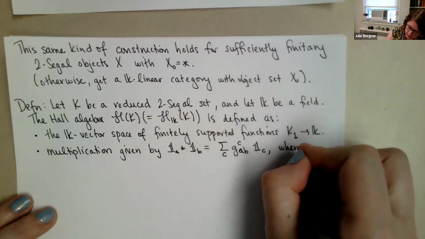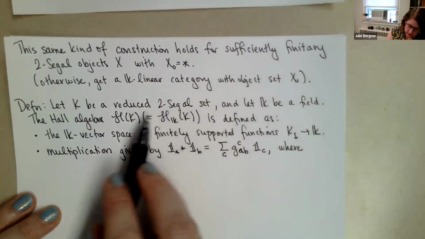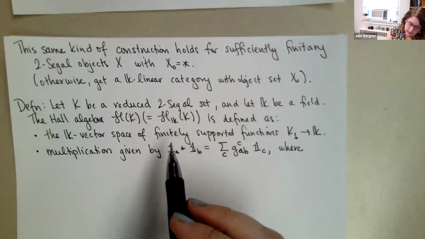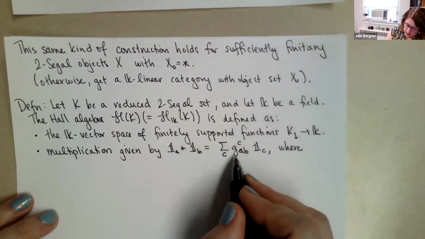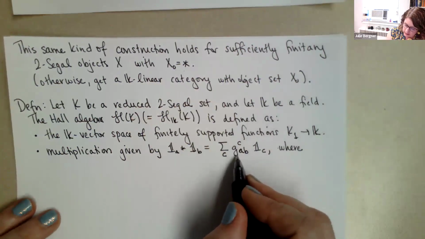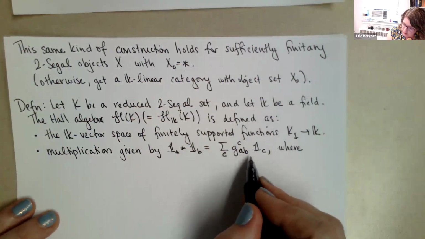Now, I'm defining this in terms of a 2-Segal set, not in terms of something like an abelian category, but we can describe this just fine in that setting.